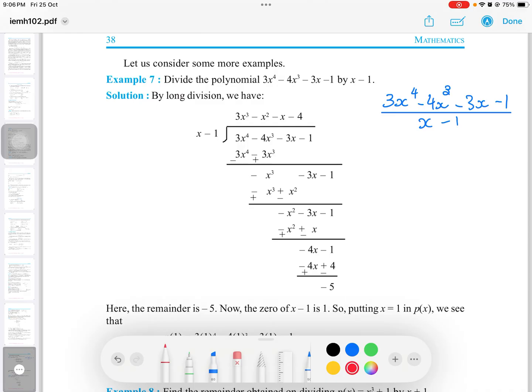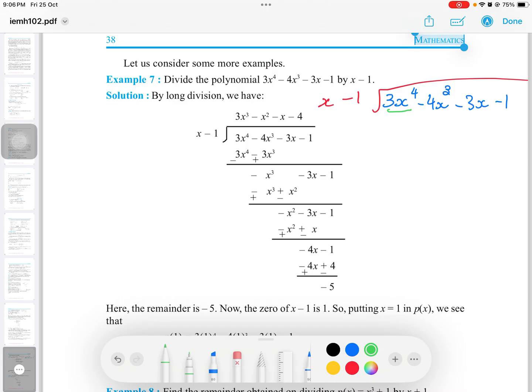Okay, I'll do it here. You are taking 3x power 4 minus, no, the space would not be enough. x minus 1. Now here I want to consider the first term.